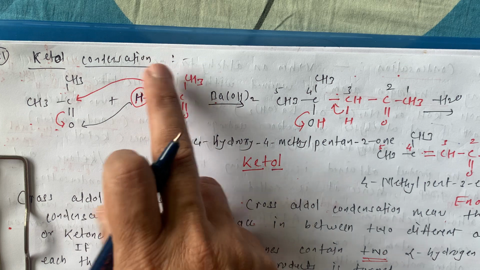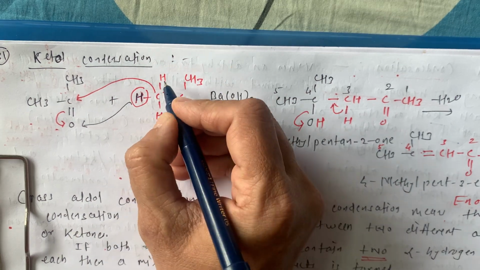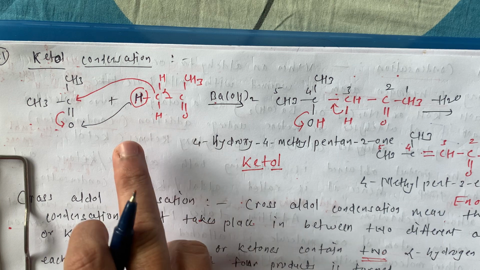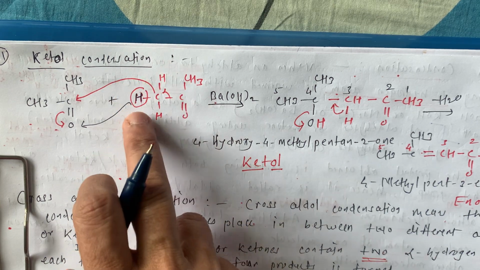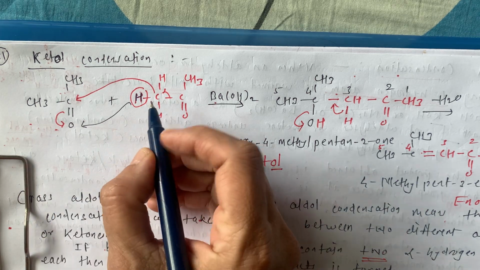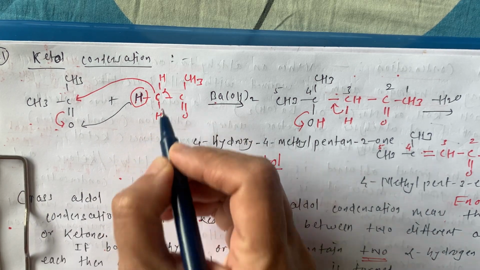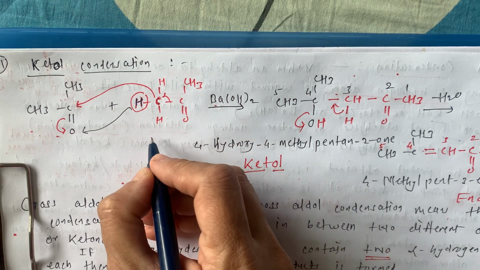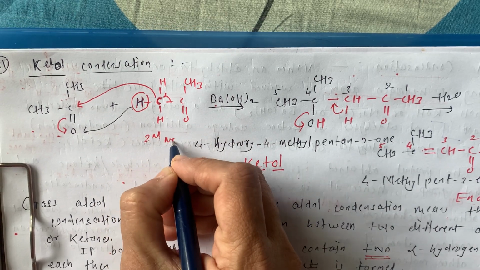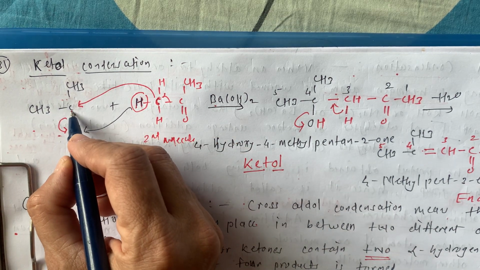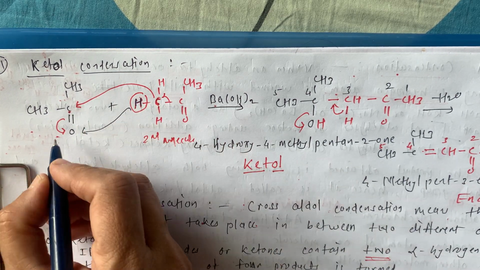To understand alpha carbon and alpha hydrogens, just like the previous reaction, I wrote separate hydrogens here, not CH3. The alpha carbon of one molecule is going to attach to the carbonyl carbon of the other molecule.